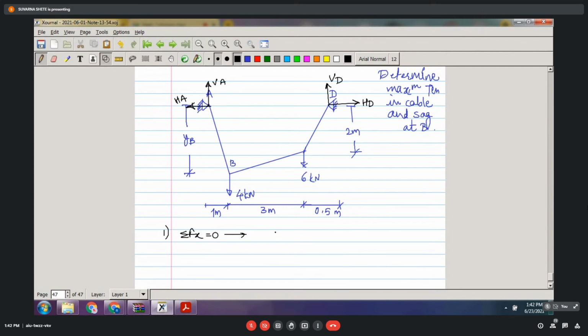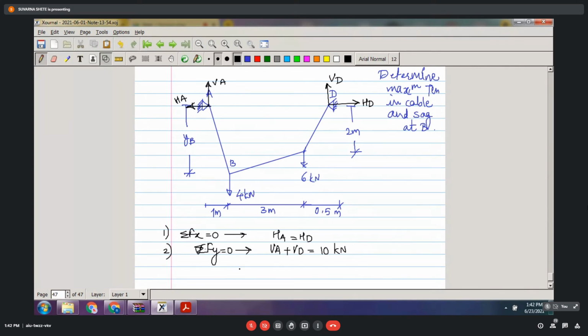So the first equation will be HA equals HD. The second equation, summation Fy, will give VA plus VD equal to 10. Correct?